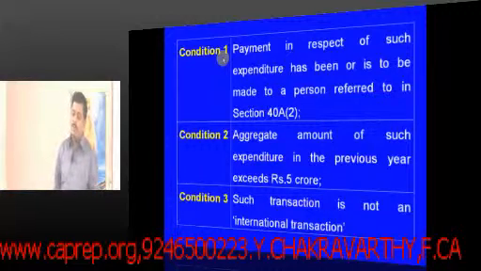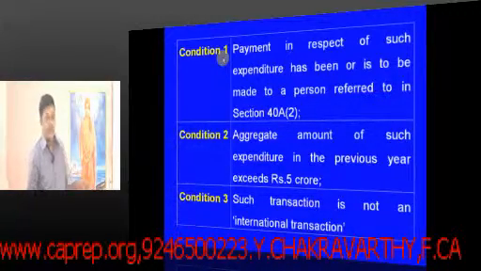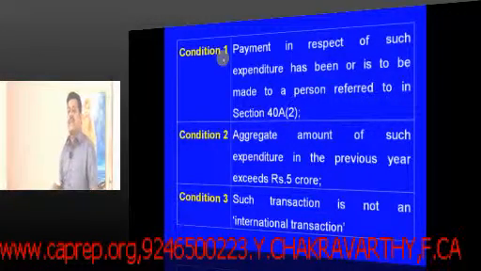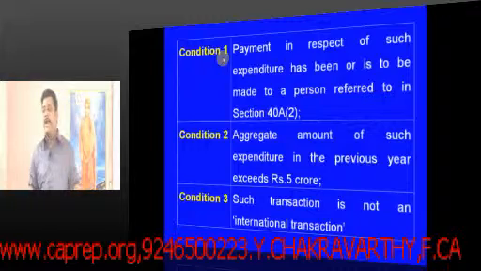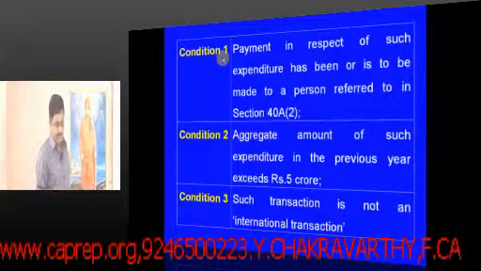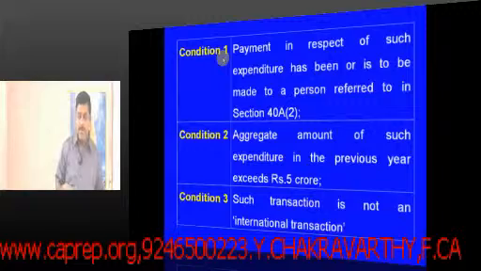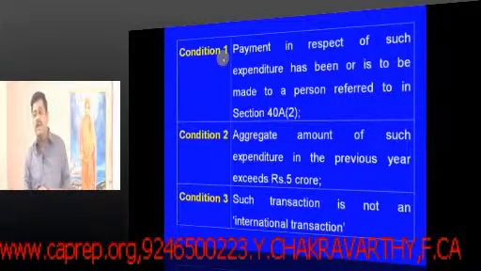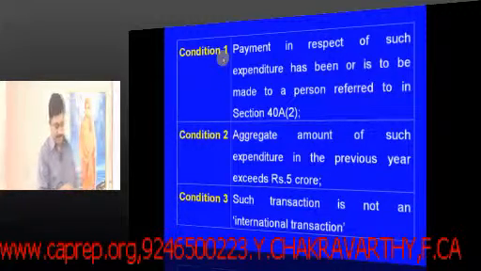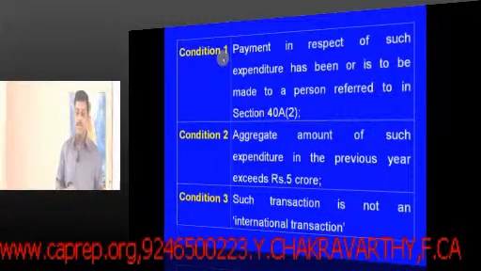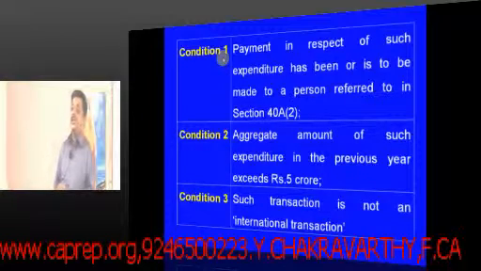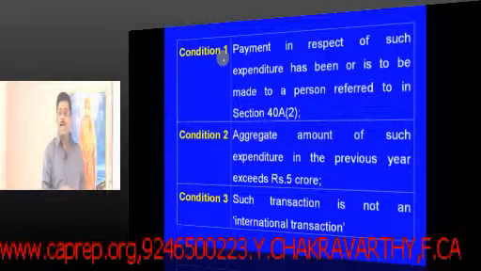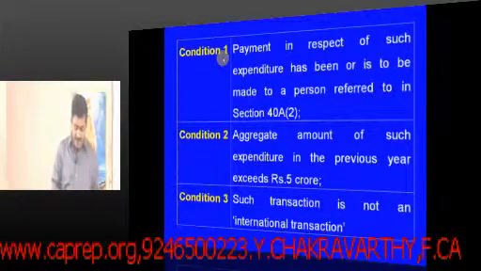Condition number 2: the aggregate amount of such expenditure in the previous year exceeds rupees 5 crores.